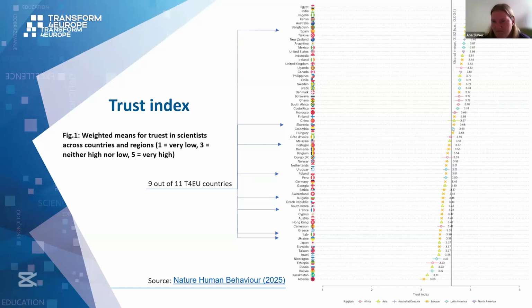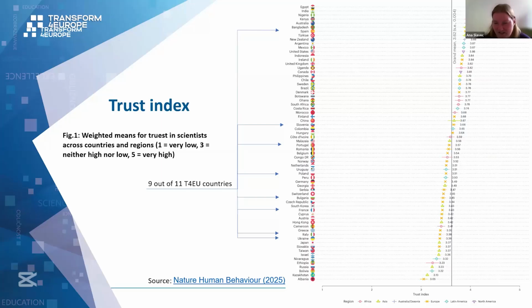For me, I looked especially at Slovenia. It was surprising because in this study, Slovenia and Spain are above the average in trust, while in the Eurobarometer study, they were among the worst countries. So this was surprising, and this inspired me to prepare this exercise to have a look at that.